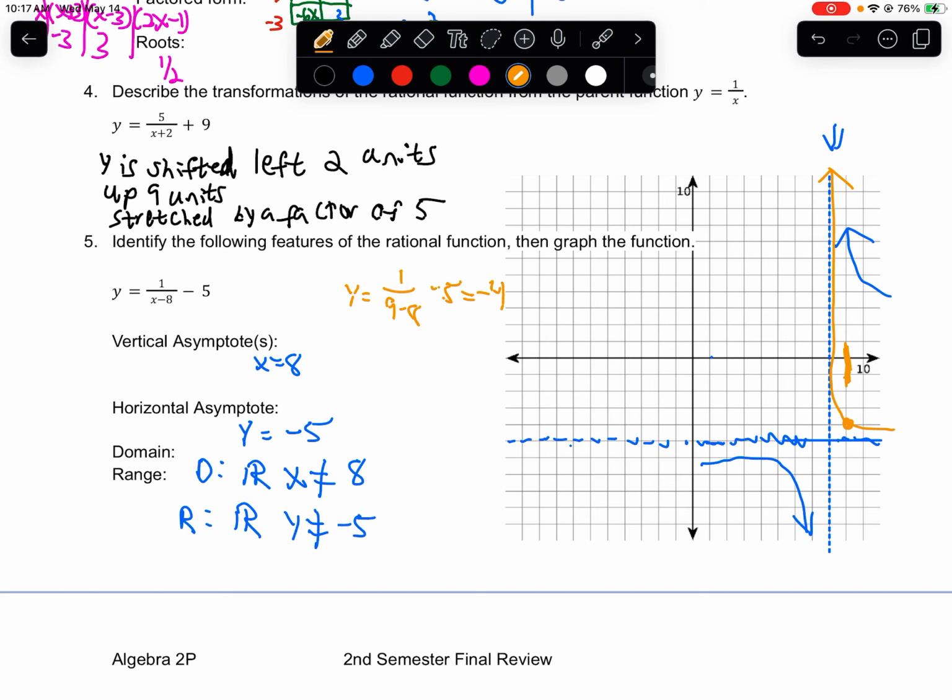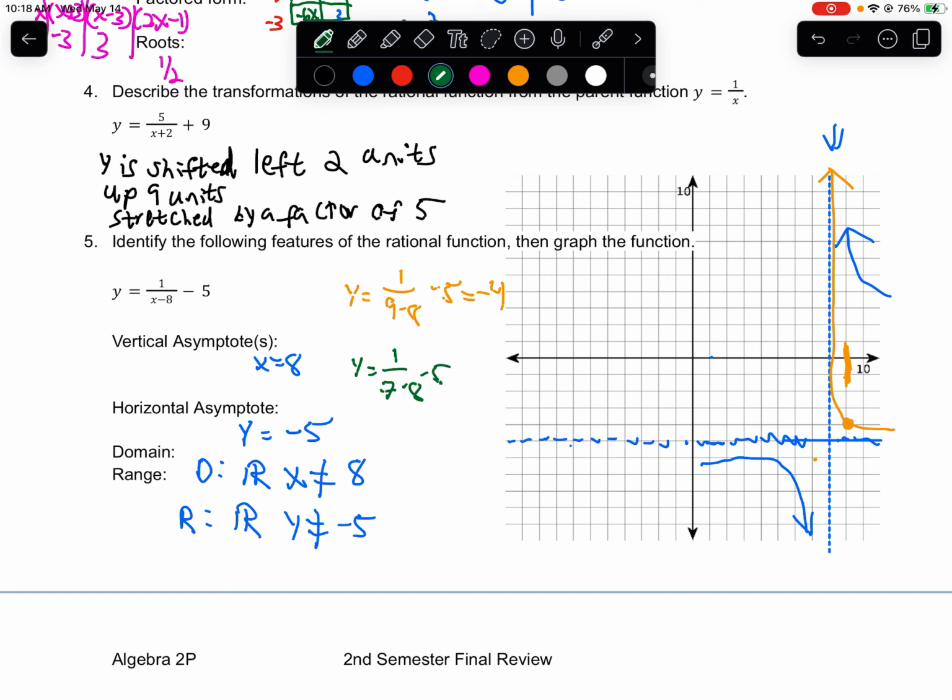Likewise, choose one point to the left. Notice this one's above the horizontal asymptote, so the one to the left will be below. But just to verify, let's choose a number to the left of the vertical asymptote. So at 7, y equals 1 over 7 minus 8, minus 5.